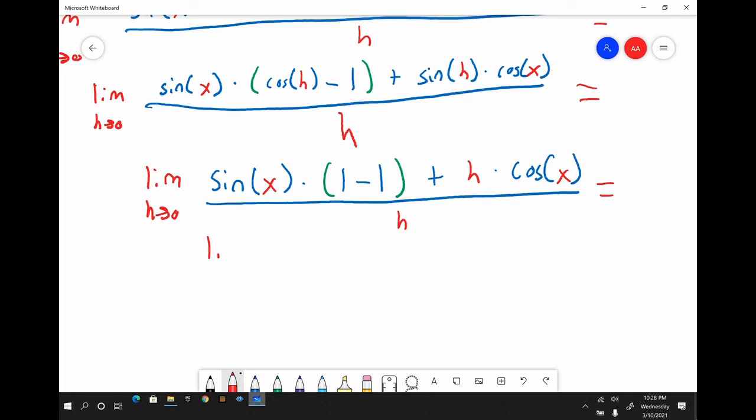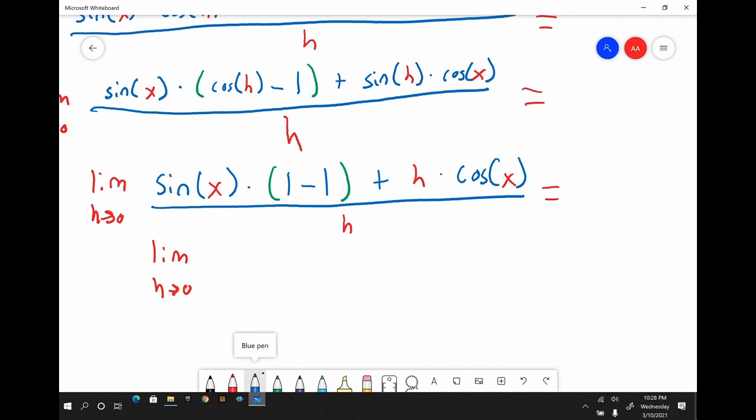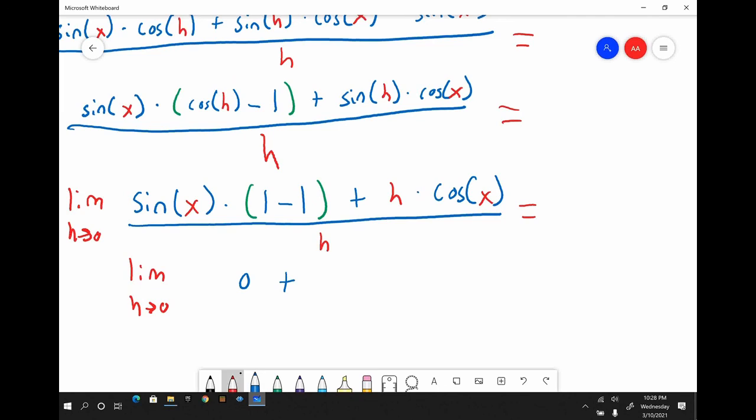So simplifying this, we will have the limit as h goes to 0 of 1 minus 1 times something is just 0. So we'll have 0 plus h times the cosine of x divided by h.